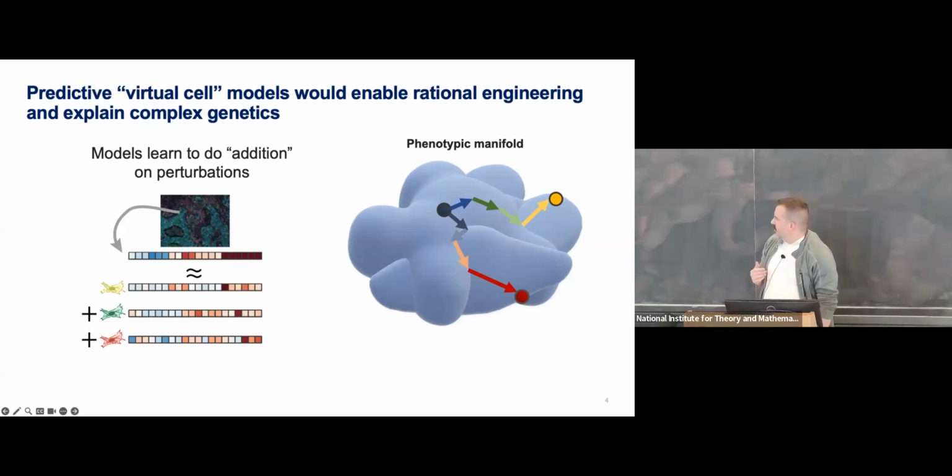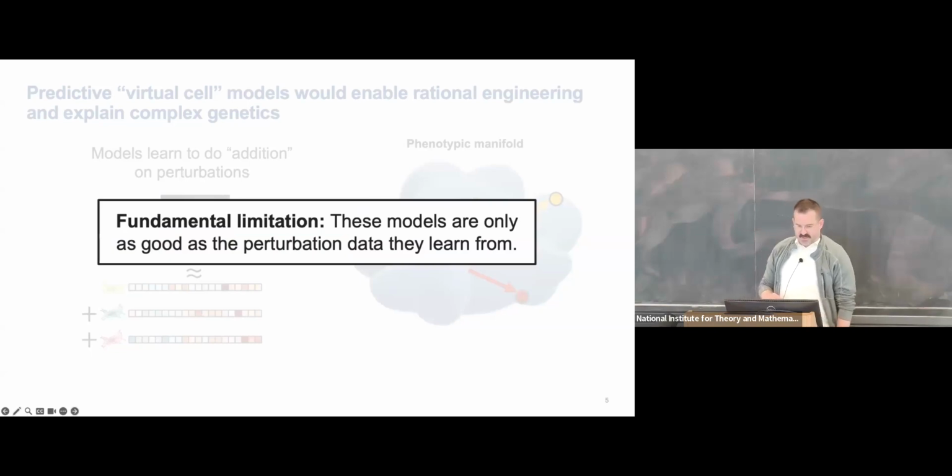But I'm going to stick to a simpler question here, which is ultimately the real fundamental limitation that we have: these models can only be as good as the data that they are built on. And in particular, to not bury the lead, the problem is if we don't have phenotypes for some perturbations, then we can't model them. There's nothing for the model to hold on to.